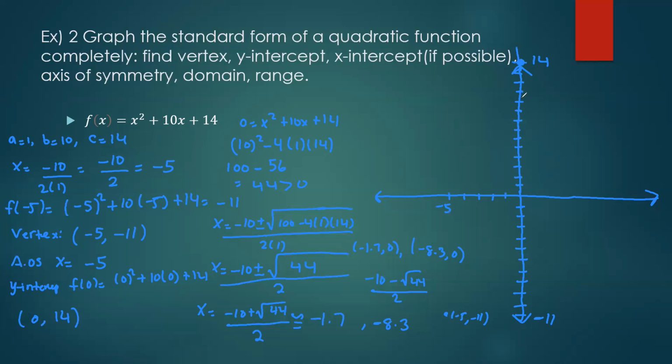And my two x-intercepts are negative 1.7, right here, and then negative 8.3. Okay, so this is what your graph should look like. The axis of symmetry is x equals negative 5, so there's a vertical line like this.